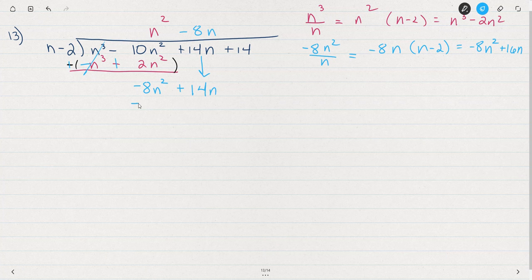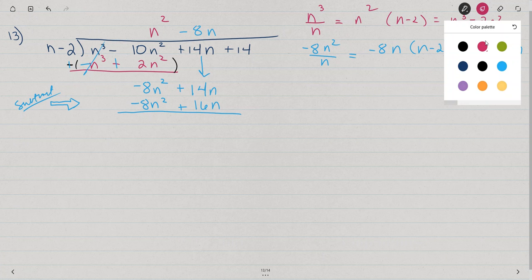And I'll write that, negative 8n squared plus 16n. Now remember what we're going to do. We're going to subtract that.